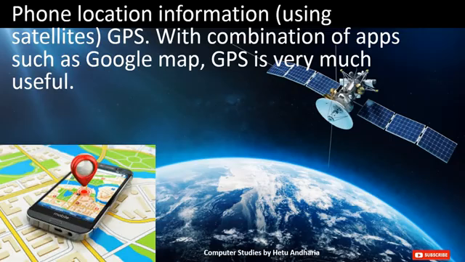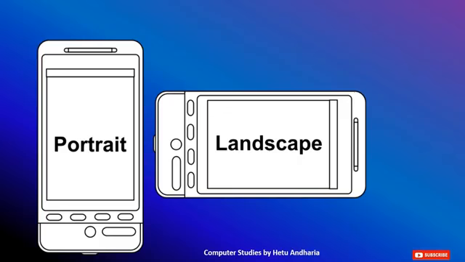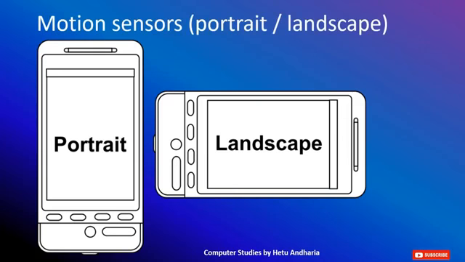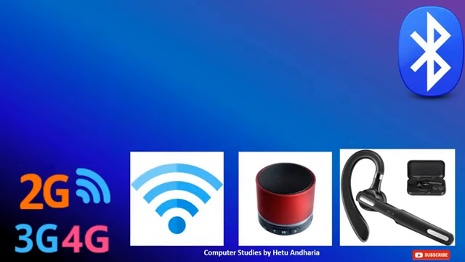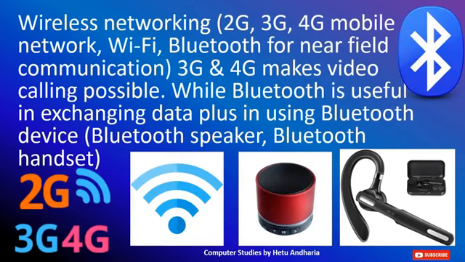If you have lost your way, or if you want to find something, for example an ATM nearby, you can start your Google Map and search for it. If you want to know the correct road for anything, you can use Google Map. So in many ways you can use Google Map, right? And it uses GPS. Then motion sensor, that is portrait and landscape. Then wireless networking such as 2G, 3G, 4G mobile network.